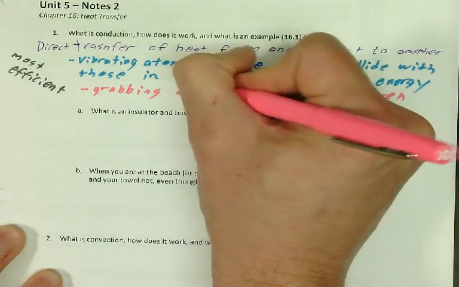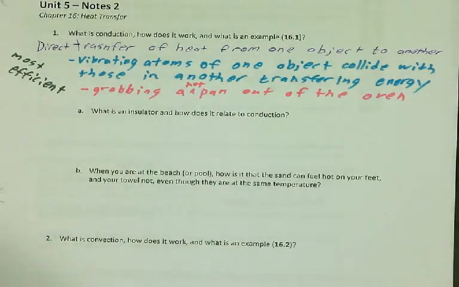Let's be specific, grabbing a hot pan out of the oven. That contact, that grabbing motion, is going to directly transfer energy out of the pan and into your hand.